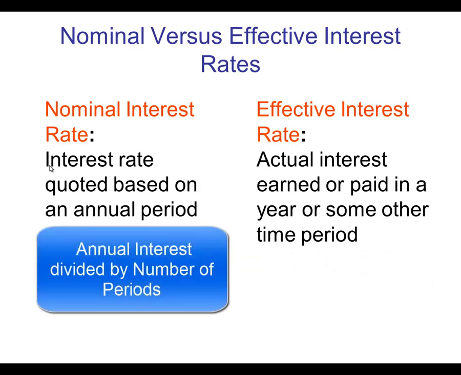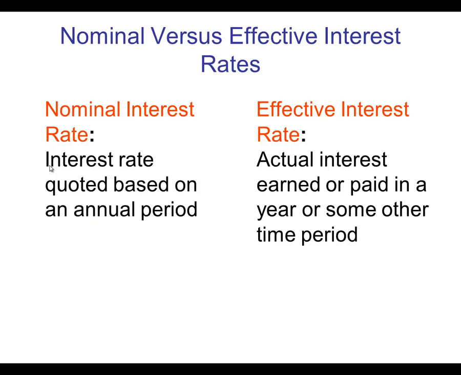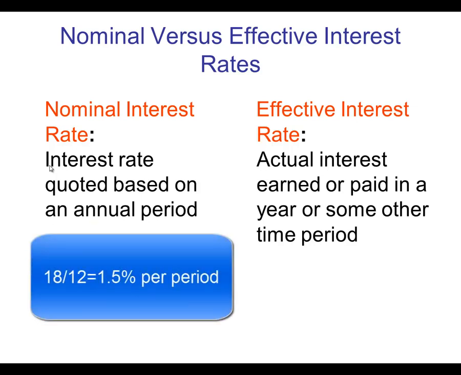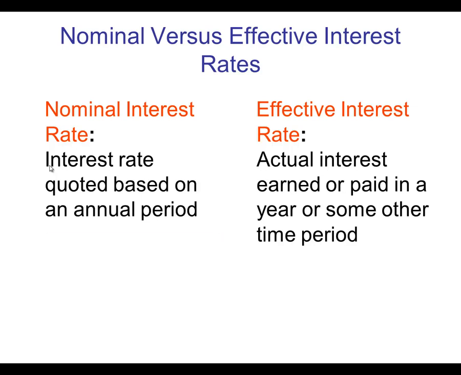APR is the periodic interest rate multiplied by the number of periods per year. For example, a nominal annual interest rate of 18% based on monthly compounding means a 1.5% interest rate per month, while effective interest is converting the nominal rates into annual compound rates or interest.